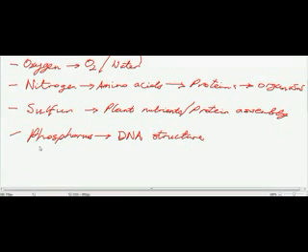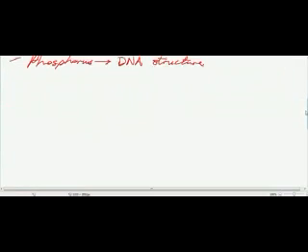Now we're going to move on to the actual DNA. What is DNA? So just change color again. So, basic life code.